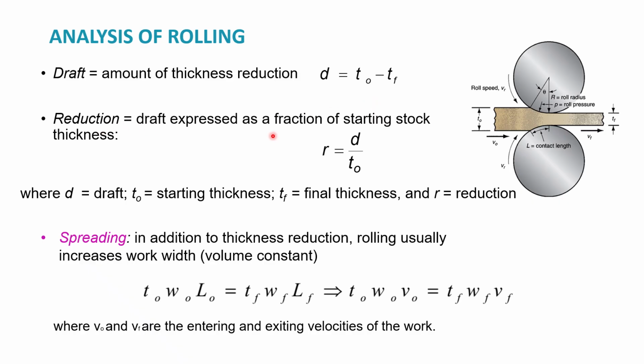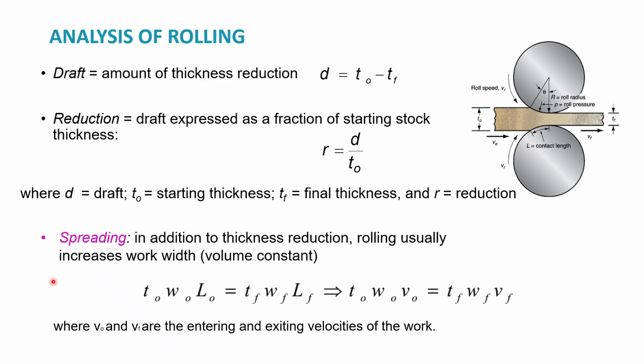The reduction is the draft expressed as a fraction of the starting stock thickness. So basically, it's equal to the draft divided by the initial thickness. D is draft, t_o is starting thickness, t_f is final thickness, and r is the reduction.